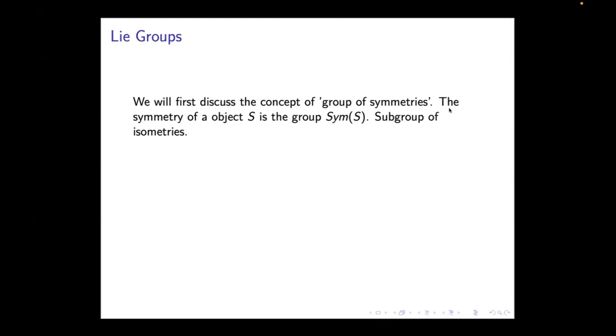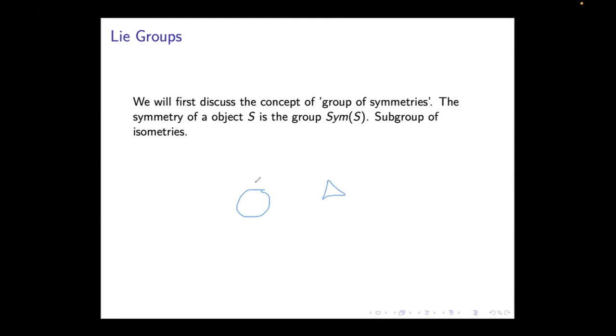So for instance, you think of a hexagon or you think of a circle. On a circle, even if you do an infinitesimal rotation, the circle is invariant. Or let's take something like a triangle.